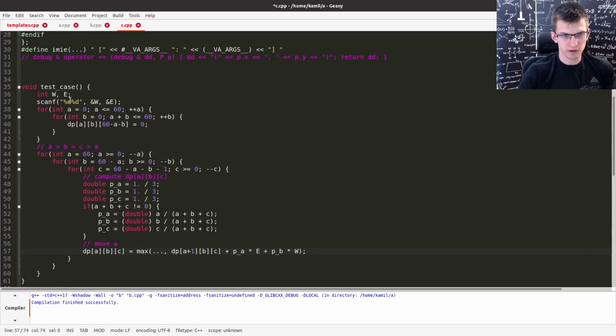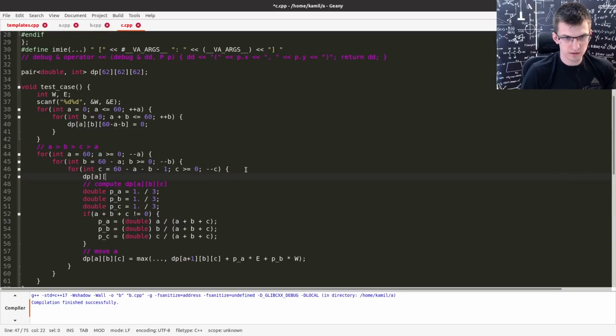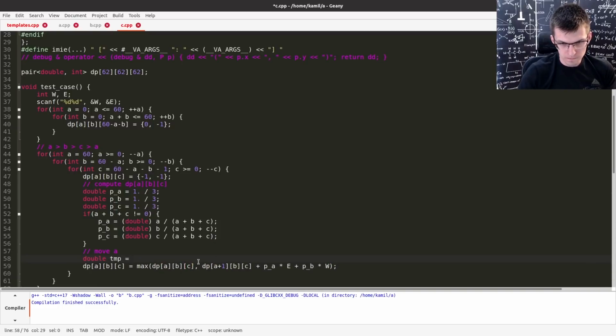Done. But also I will need to know the move. Maybe 62, just to be sure that I'm not using something off bounds. Alright, dp of A, B, C is 0, 0, I guess, -1, -1 also will do. 0, -1. That's the score I will get on average if I make this move.